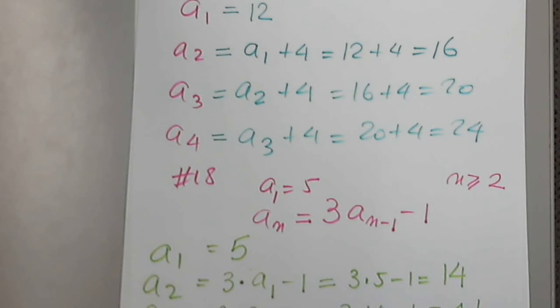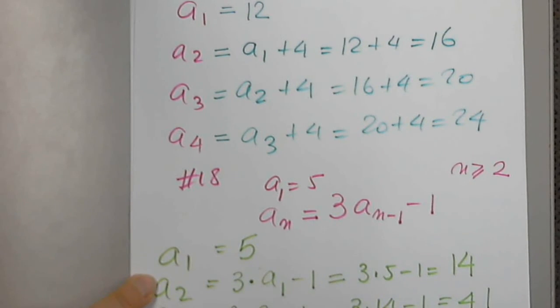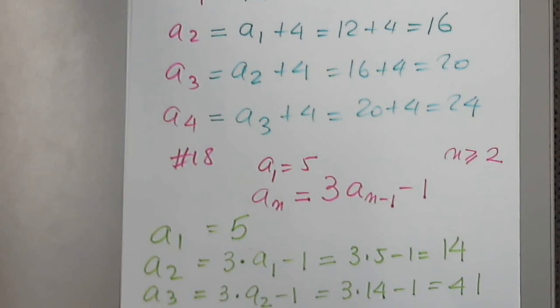Last one. What will you write for A4? Three times A3 minus 1, which is 3 times 41 minus 1. That's 123, 122. So this sequence was given to us using a recursive relationship, and we were given A1. We were able to find the other 3 using the relationship. This is the end.